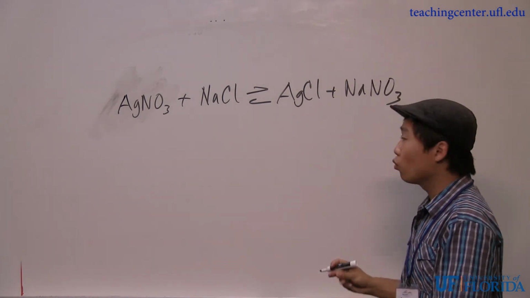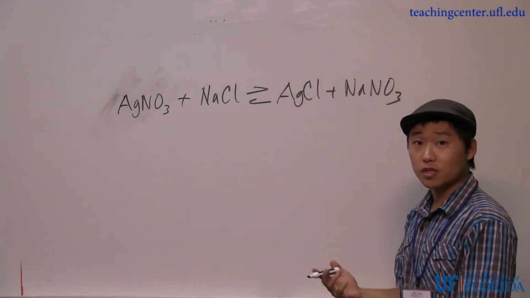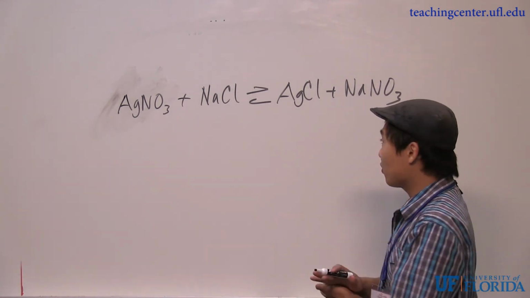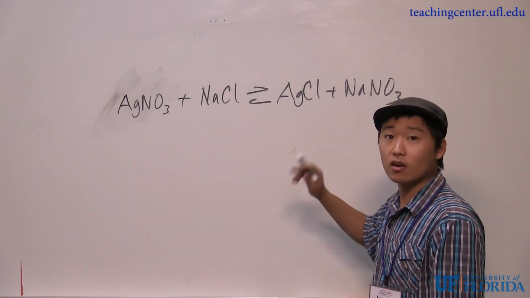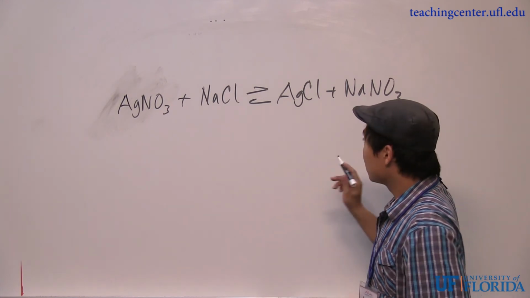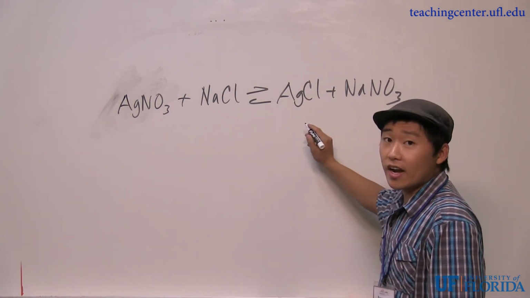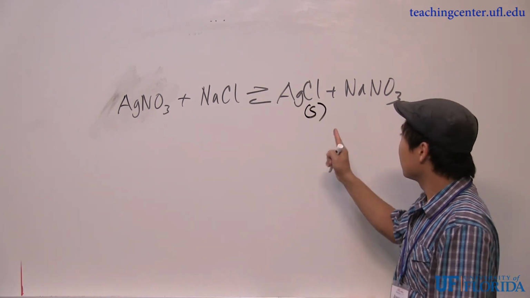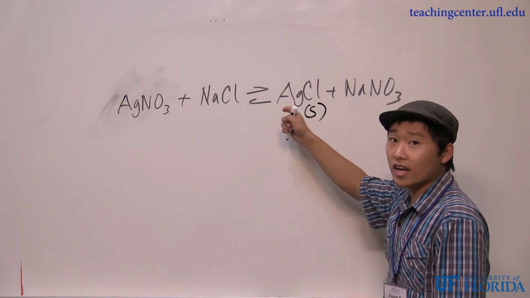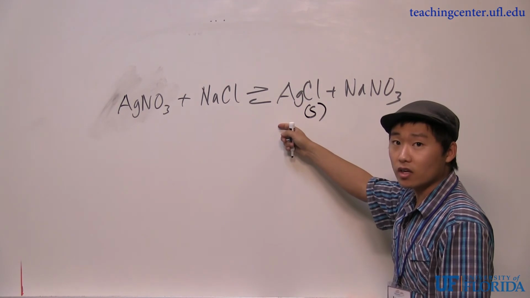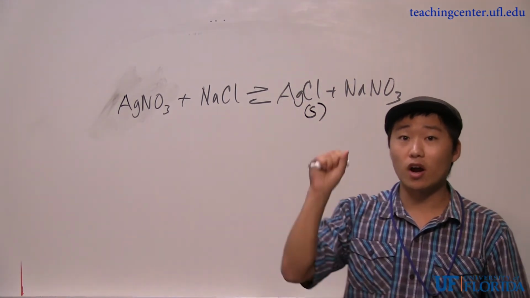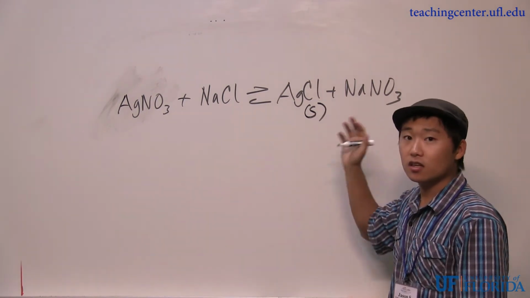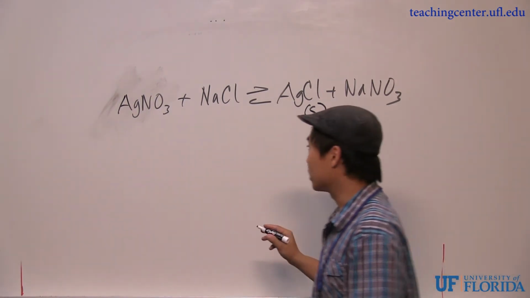So, we have to remember if we form something that's a precipitate, aka insoluble, or if everything's soluble. If everything is soluble on the product side, there is no reaction. Remember, silver chloride is insoluble, so we have a solid. Because we are forming either a solid, liquid, or gas as a product, this will have a net ionic equation.